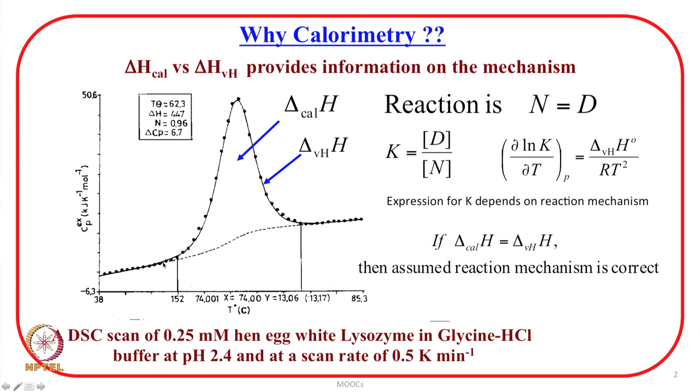You calculate the average value, and that dotted line is the heat capacity variation to be used for the calculation of area under the curve in this transition range.